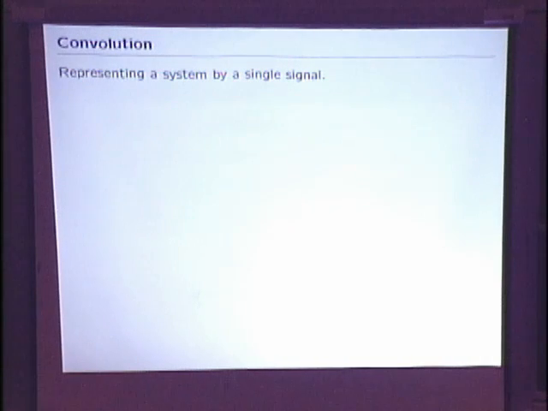All of those were useful in different ways, and what I want to talk about today is yet another way to represent a system, and that is to represent a system by a single signal. So in some sense, we're going backwards because we're taking what we would normally think of as an entire system and reducing it, getting rid of the system altogether.